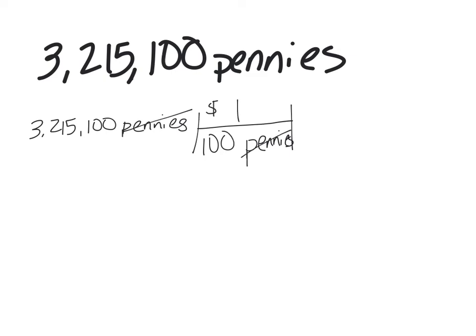Notice my pennies units cancel and I'm left with dollars. So what this gives me is $32,151. Okay, so that would be the way to solve the first part of it.